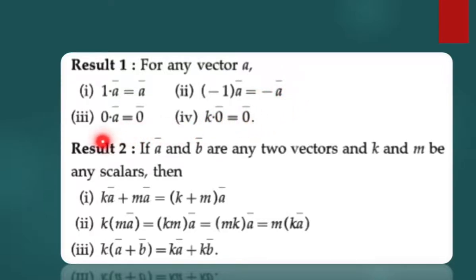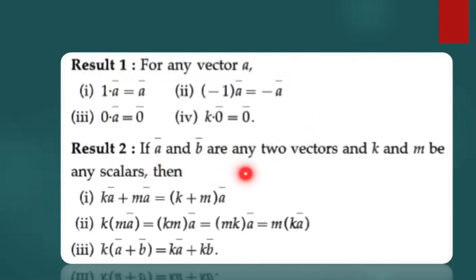When we multiply a 0 scalar to a given vector, we get the 0 vector. And in fourth, when we multiply a 0 vector by any scalar, we get the 0 vector. We use these results for solving the problems.